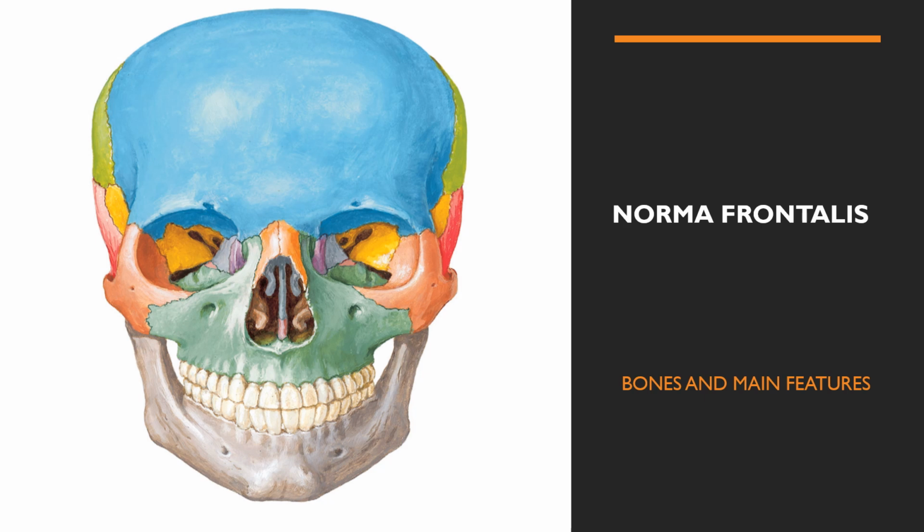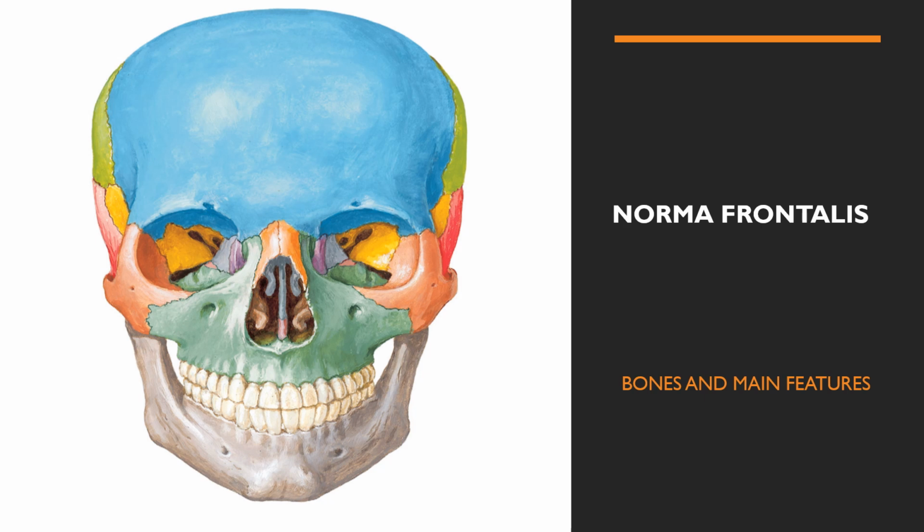So they share also in the formation of the floor of the orbit. It joins with the frontal here, and with the maxilla here, and as well with the temporal bone, as we will see in the lateral view.